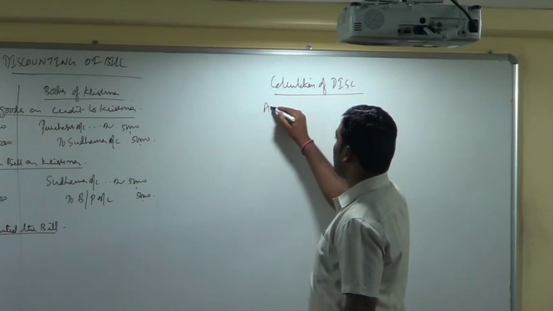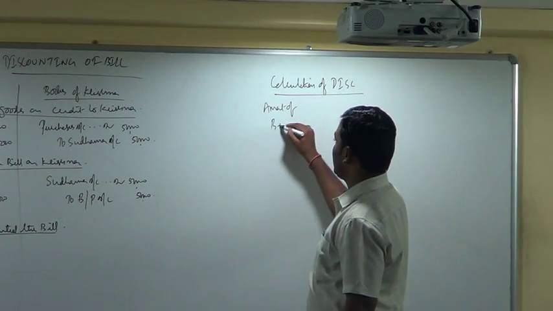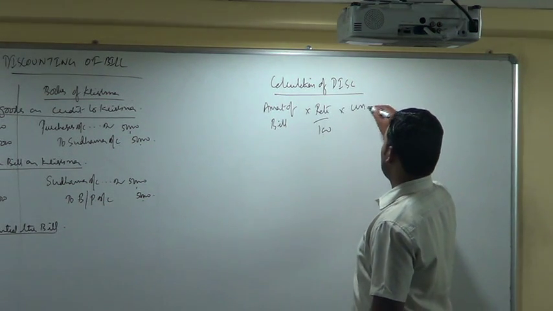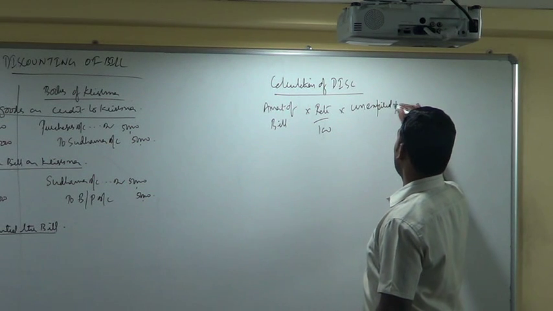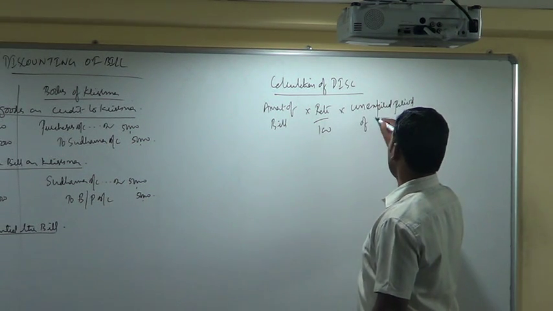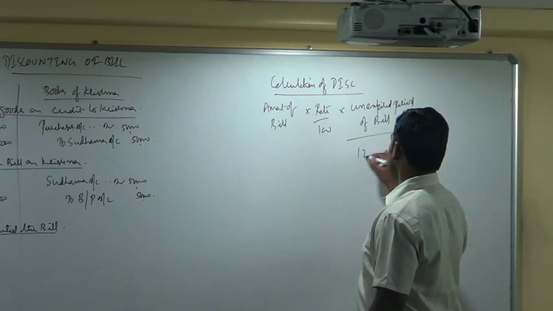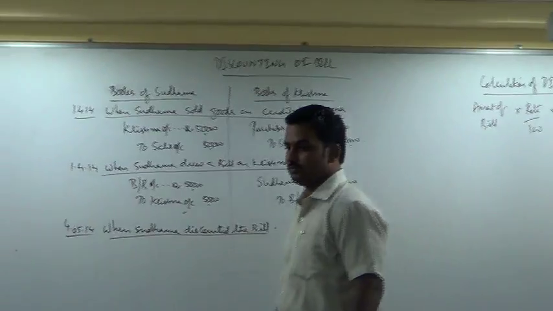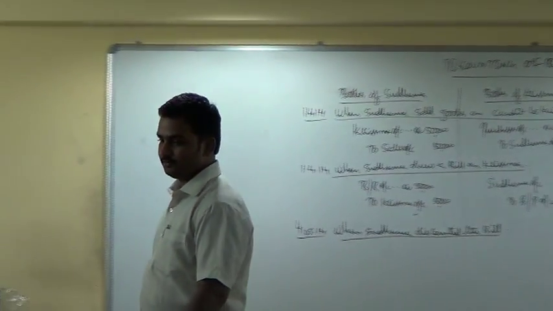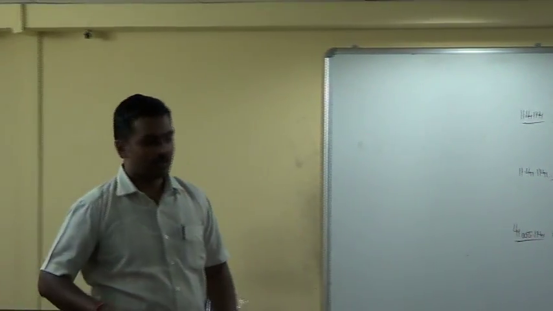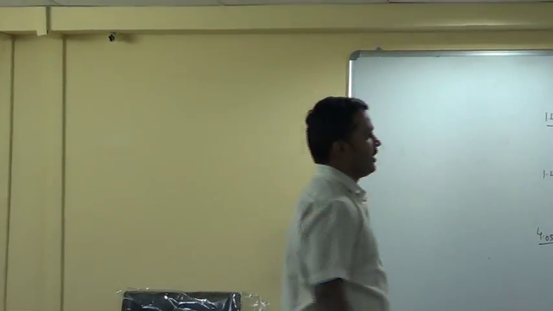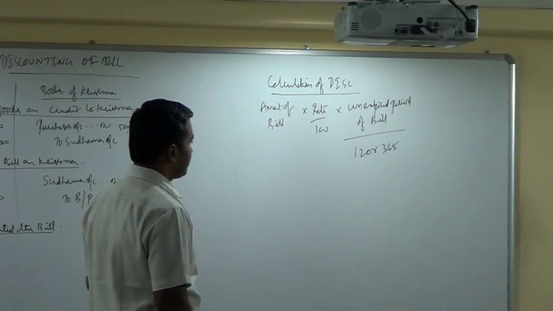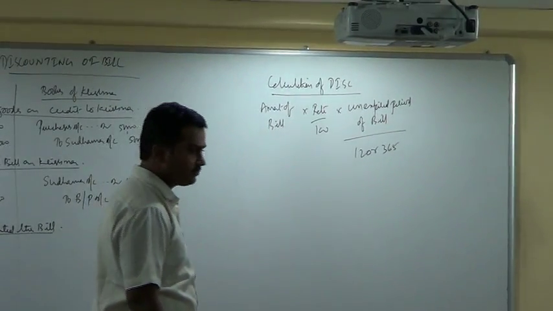Formula: Amount of bill into rate by 100 into unexpired period of bill divided by 12 or 365.